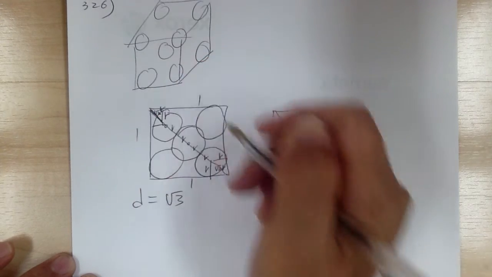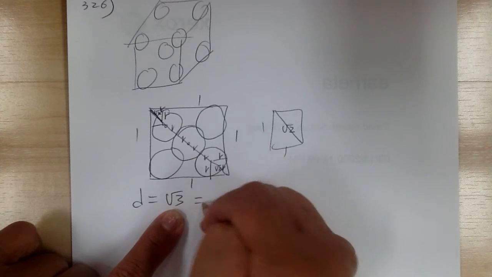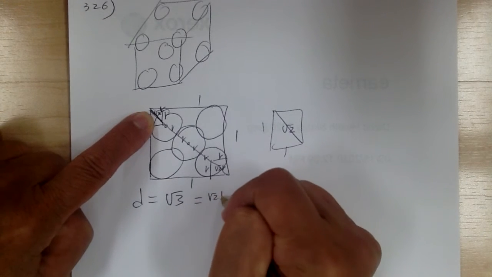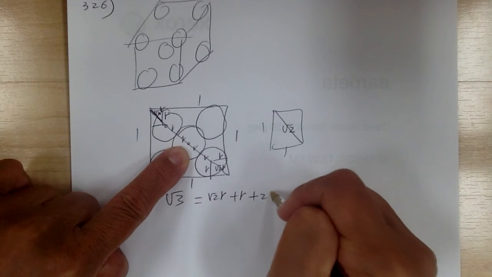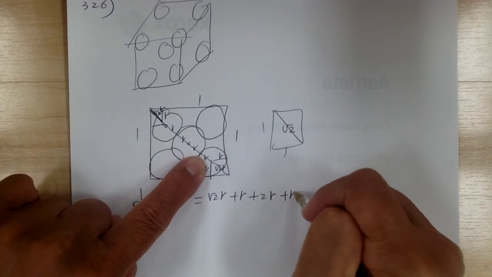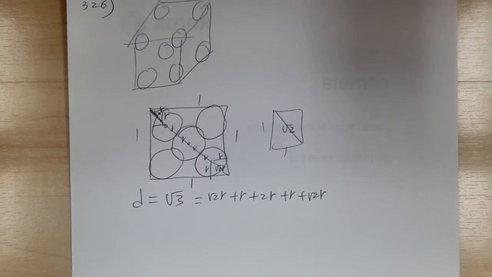Okay, so the diagonal is equal to square root of 3, and it's going to be equal to square root of 2r plus this r plus this over here, that's 2r plus this r plus square root of 2r. Okay, so you have to be able to visualize what's going on with these.